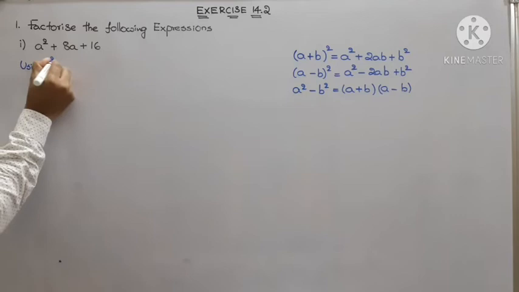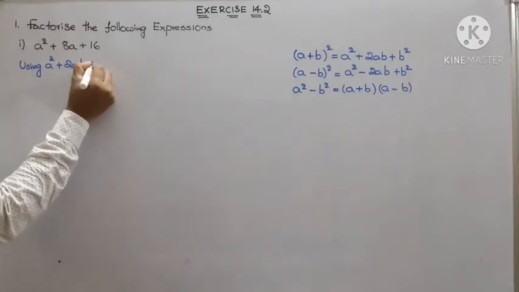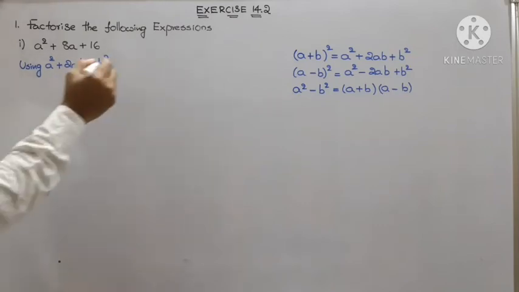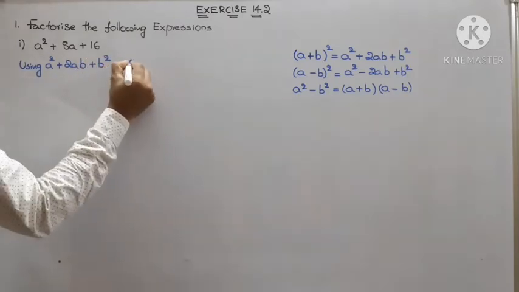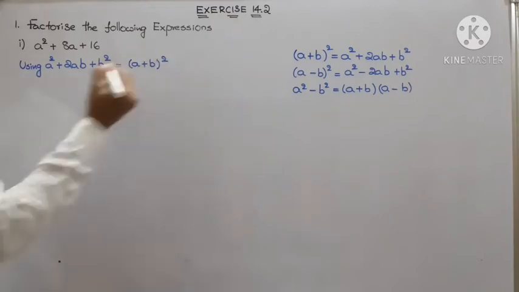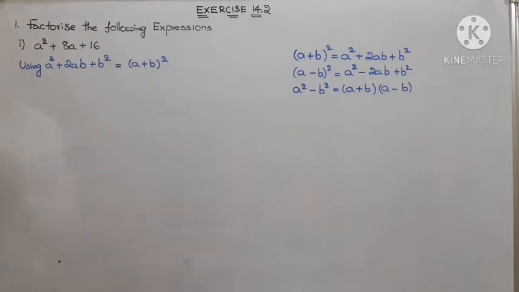a square plus 2ab plus b square is equal to a plus b whole square.